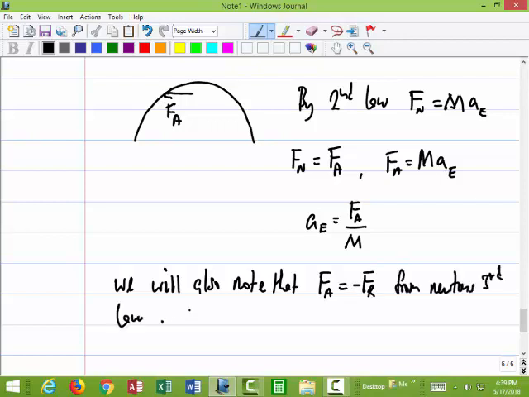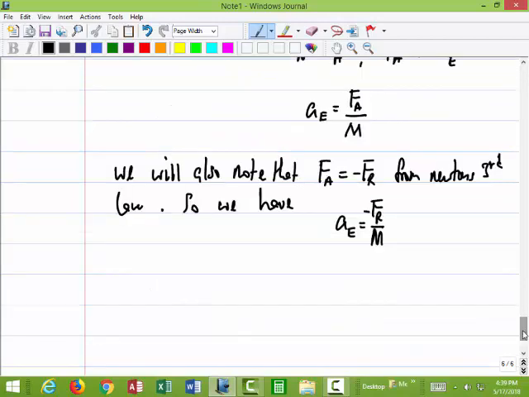So if you like, we can say A subscript E, the acceleration of the earth, is equal to minus the force F subscript R divided by the mass of the earth. The negative sign tells us that the acceleration of the earth is going to be opposite to the direction in which the person accelerates.